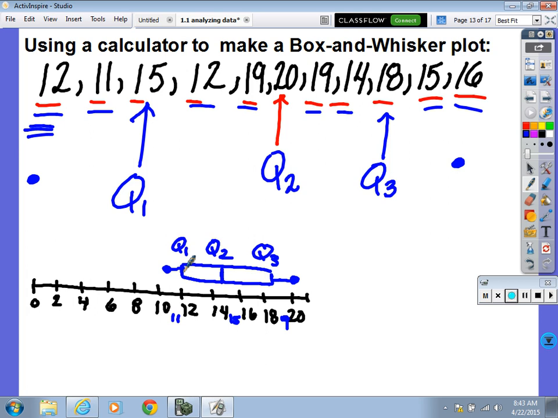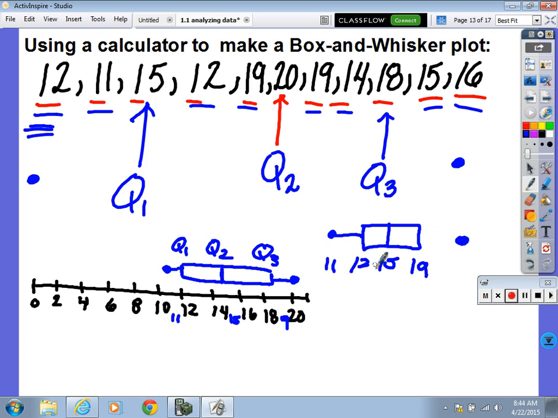Like I said, guys, I'm okay with you drawing it as accurately as possible, not putting a scale down here, as long as you know how to draw it to scale. You can just freehand it, as long as it looks pretty accurate to what your calculator looked like, and as long as you write out what the points are. So you would have said 11, then 15, and then 19, and right here was 15, and then this was 12.